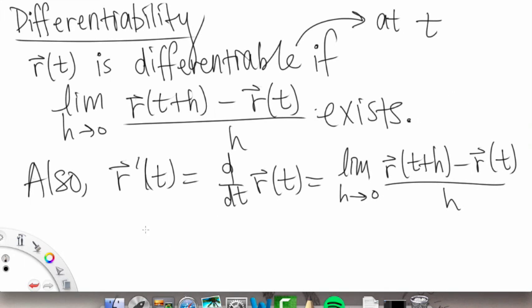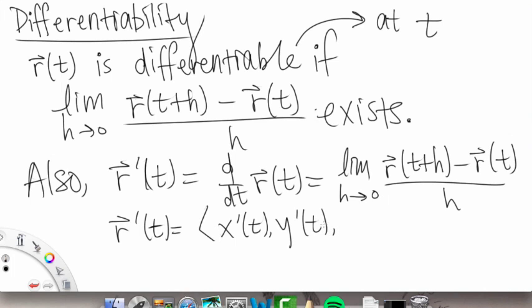Another way to think of it, if you're given the components of r of t, then r prime of t is just the first derivative of each of the component functions, or each of the parametric equations: x prime of t, y prime of t, and z prime of t.